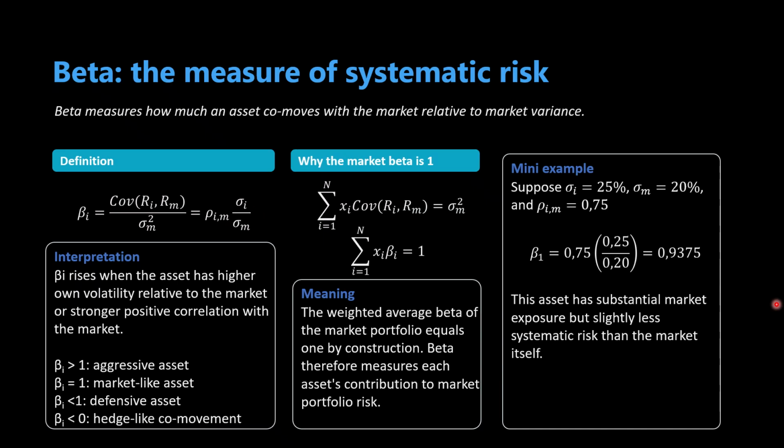Then beta is equal to the correlation coefficient multiplied by the standard deviation of the individual asset divided by the standard deviation of the market, which gives us 0.9375 or 93.75%. This asset is defensive. It moves approximately 0.93% for every 1% move in the market.